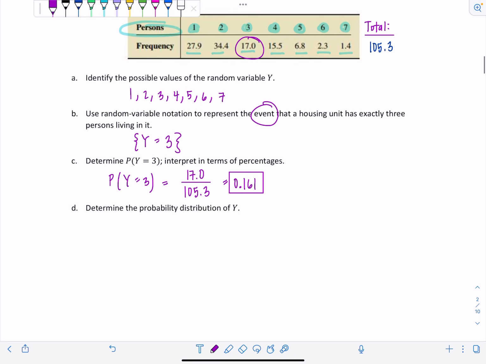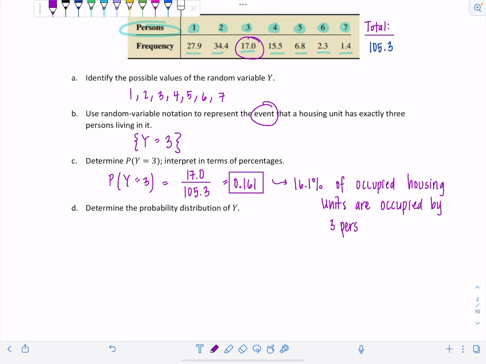So this tells me 16.1% of these occupied housing units are occupied by 3 persons. I said persons instead of people because that's what they put in the table.